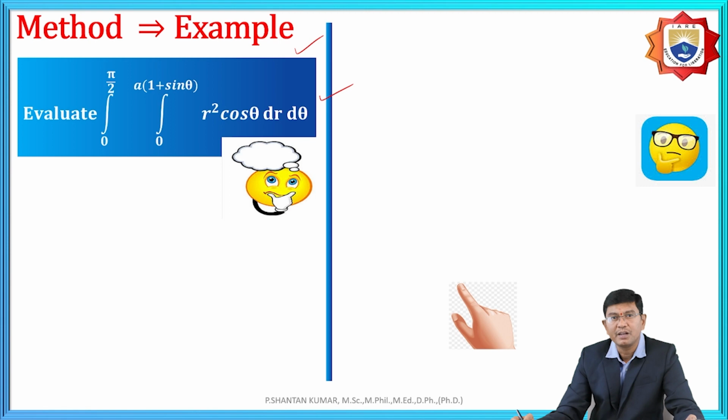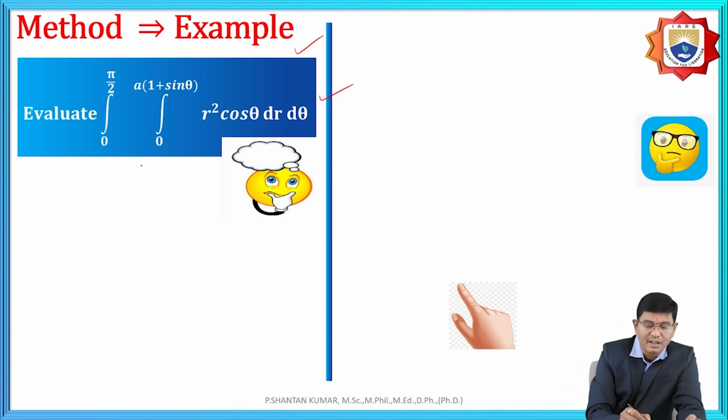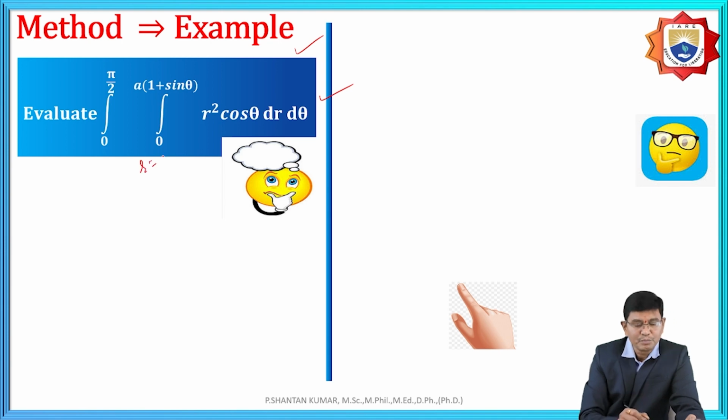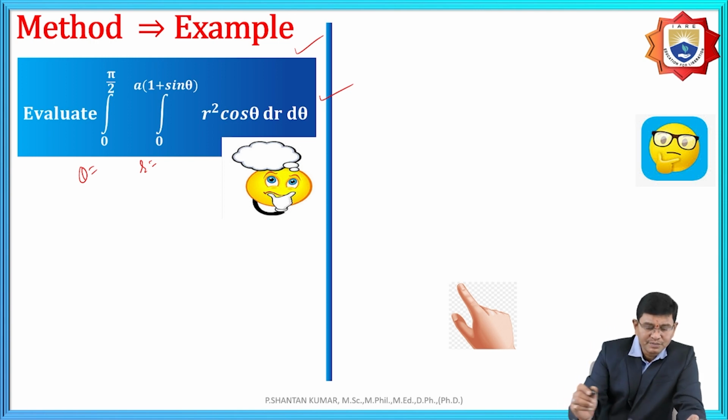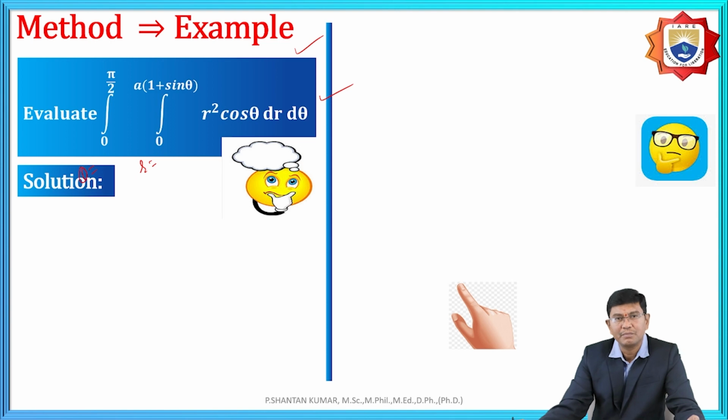That means one limit is for r and the other is for theta. Since r has theta in its limit, we assume r goes from 0 to a into 1 plus sin theta, and theta goes from 0 to pi by 2.